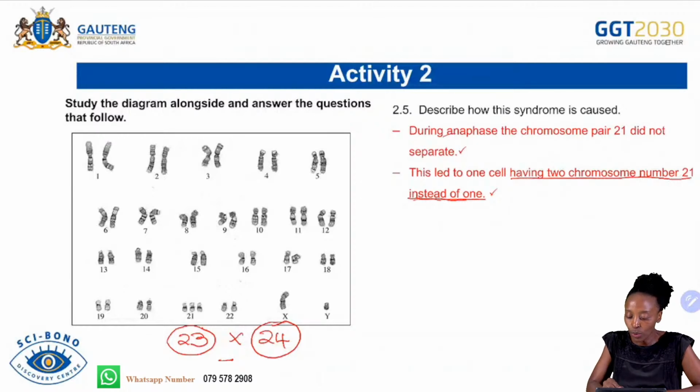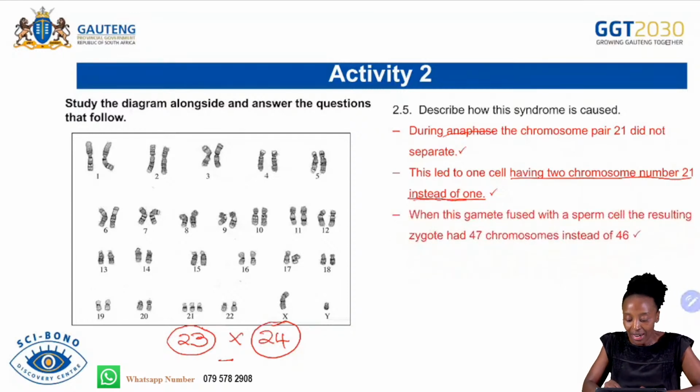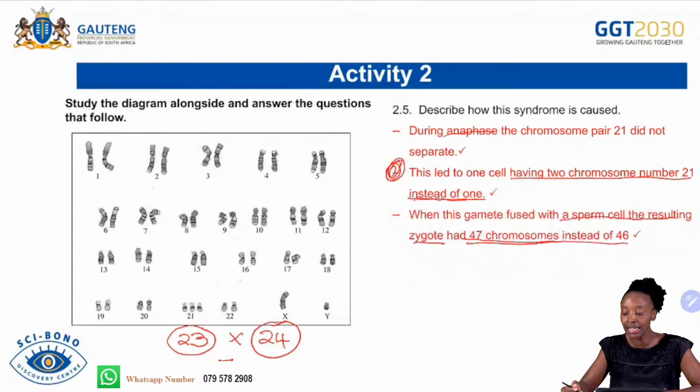So it started with anaphase where there was a failure to separate, and then led to 2 chromosome number 21 instead of 1. Then what happened after that? When this gamete that has 2 on pair number 21 fused with a sperm cell, resulting in the zygote, it had how many? 47 instead of how many? 46.